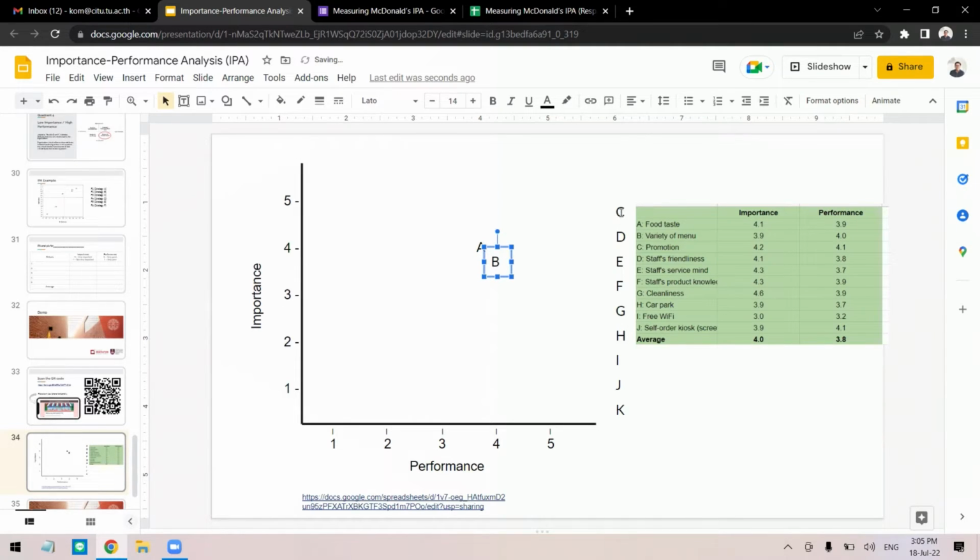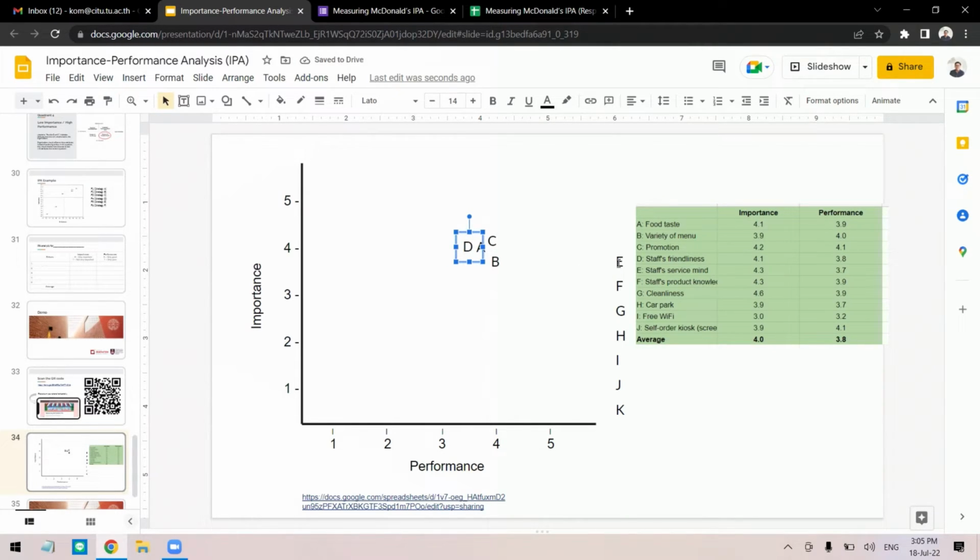C is promotion, 4.2, a little bit higher, and 4.1, somewhere here. D is staff readiness, about 4.1 and 3.8.